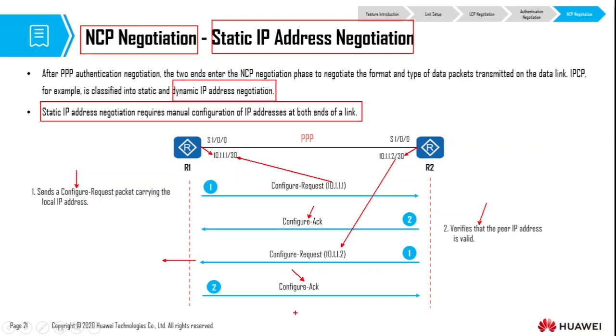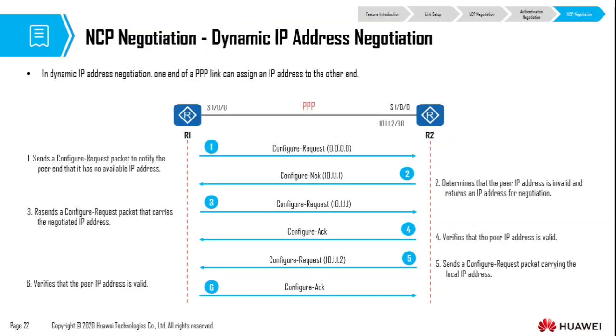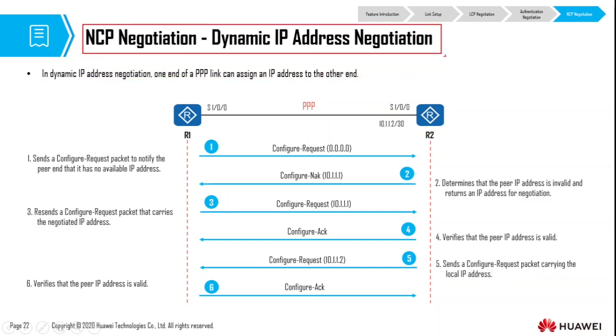Okay. So the other way in which NCP negotiation can occur is what we call dynamic IP address negotiation. This is what happens with your home router most of the time. So really, you have your home router here, and you have Safaricom, your internet service provider, here. Your home router does not have a public IP address.